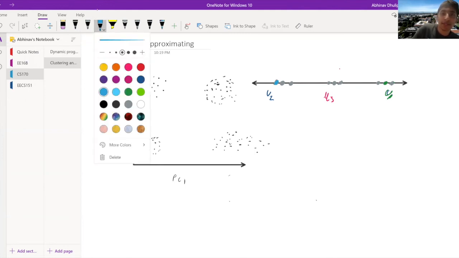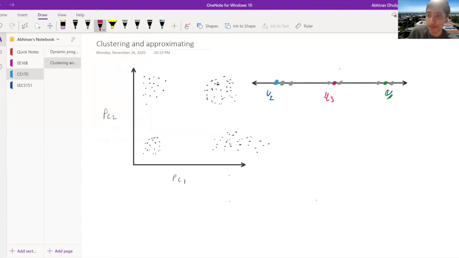Well, that's going to be somewhere around here. It depends on where these points are and on the relative distances, but I'm just going to say, for the sake of argument, it's going to be this middle point here, because that looks pretty nice. So there we go. All right, now we have our three centers.